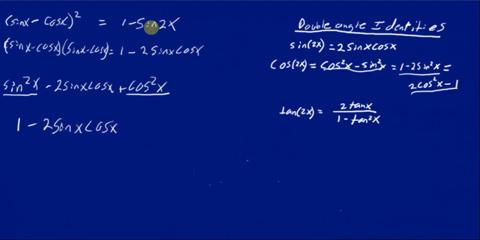And because I took a look at this side, that's exactly what I wanted it to be. Well, right here, I know that 2 times sine of x cosine of x, using the double angle identity, turns into the sine of 2x.